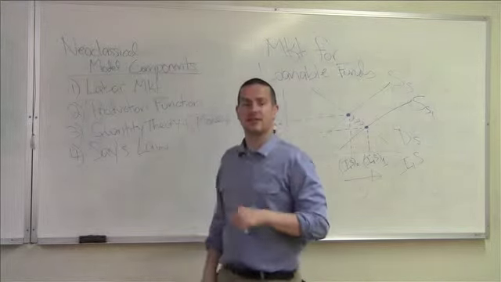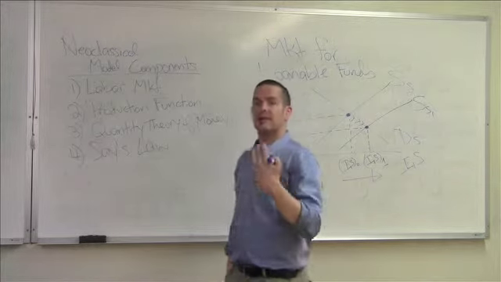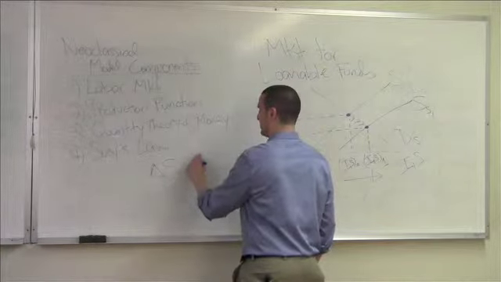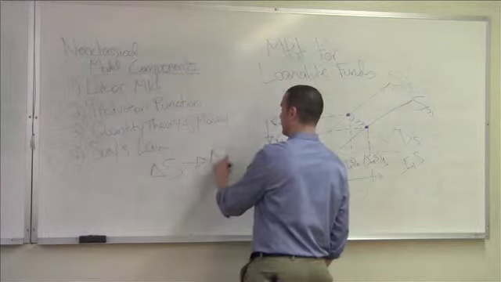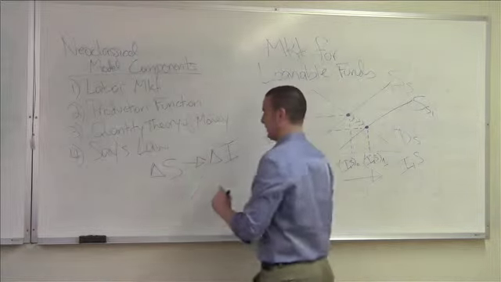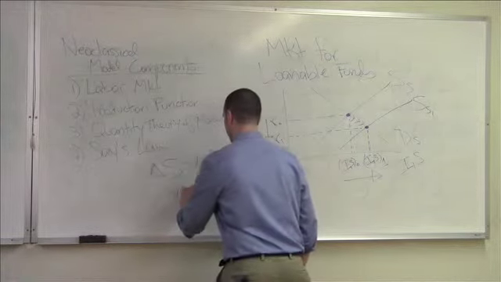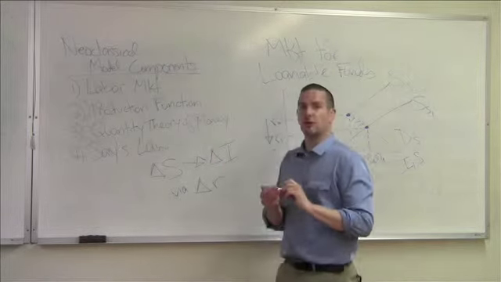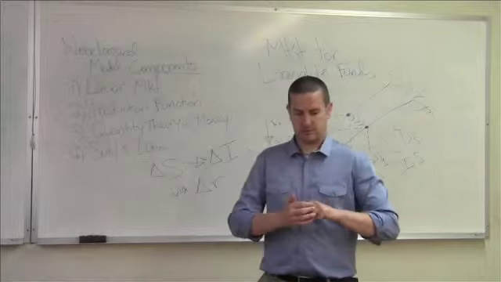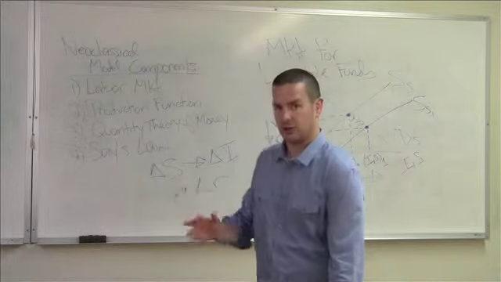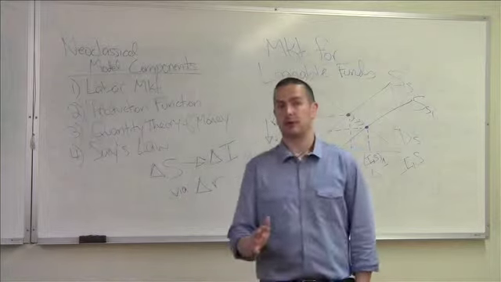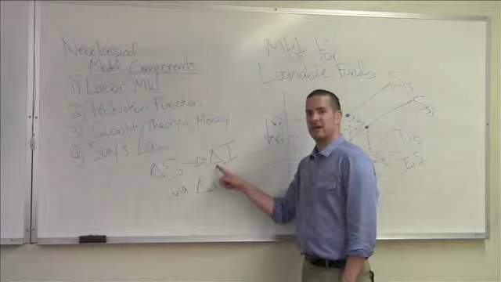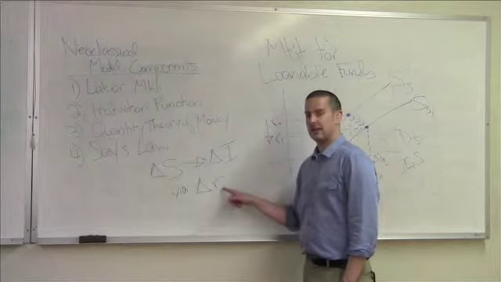Say's law tells us, and the neoclassicals say this, that changes in savings lead to changes in investment via changes in the interest rate. Okay, this is going to matter a lot. So if you don't understand it in the lecture, send me an email about it or something, okay? What we're saying here is that changes in savings lead to changes in investment through changes in the interest rate.